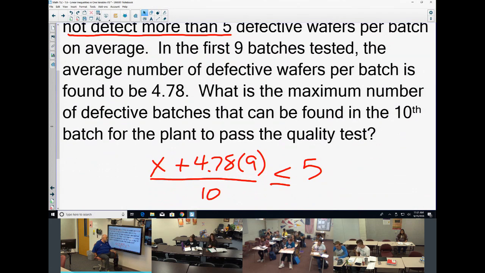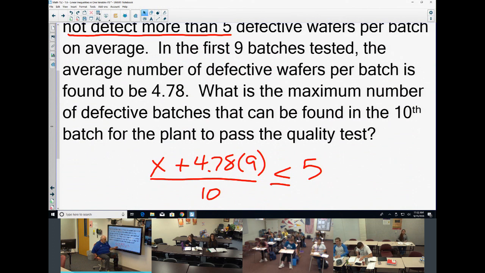Okay. So if X is the number of wafers that are defective in the last batch, and then we add that to the number of defective wafers in the previous 9, so that's 4.78 times 9, the average times the first 9, and then we take that and divide by 10, then that will give us the average number of defective wafers.